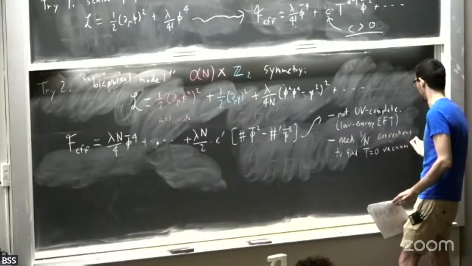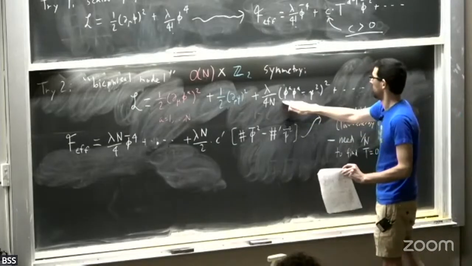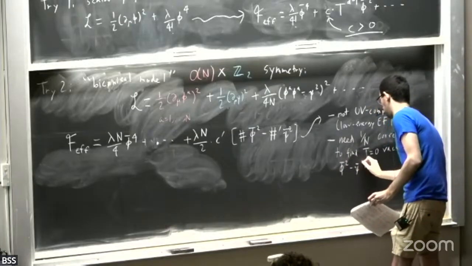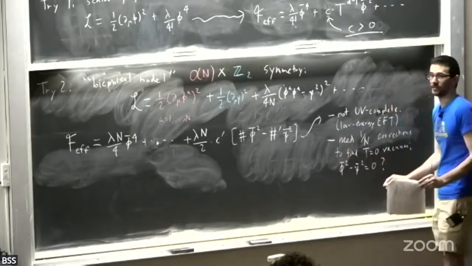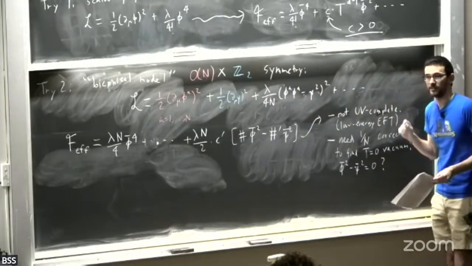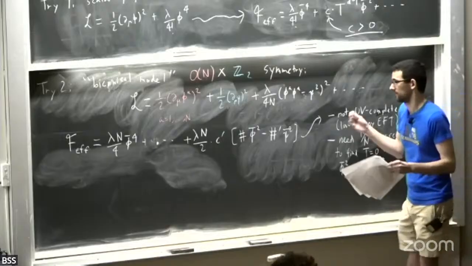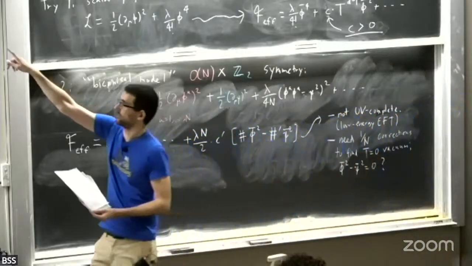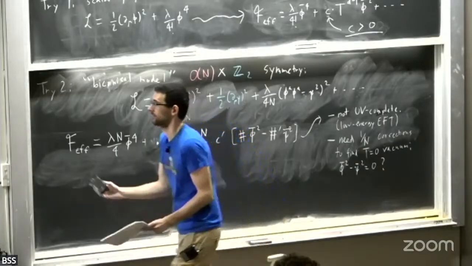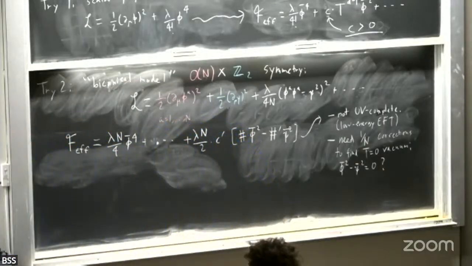This is just a technical issue. You can see it because if you just try to minimize this term, phi bar squared minus psi bar squared equals 0, there's a flat direction naively. And so you might worry that it doesn't look like the CFT that we wanted if you have this flat direction.